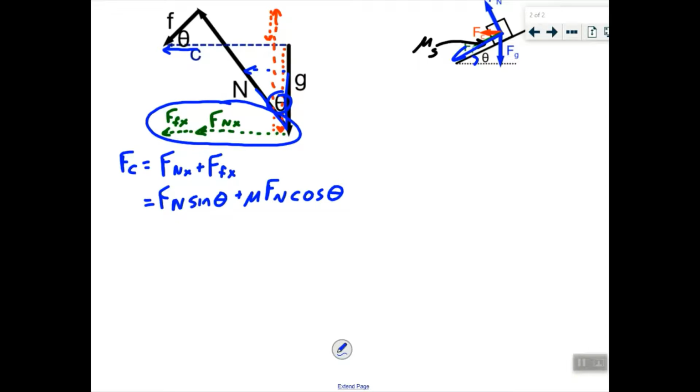All right, so I'm going to use the red stuff here, and I'm going to say that, easiest way to put it is that Fg in one direction, because this all comes out to zero, the vertical forces, is going to be equal to Fny, the magnitude, plus Ffy.